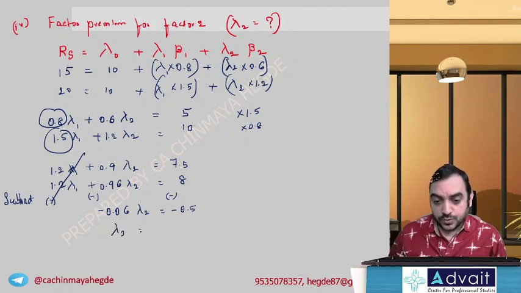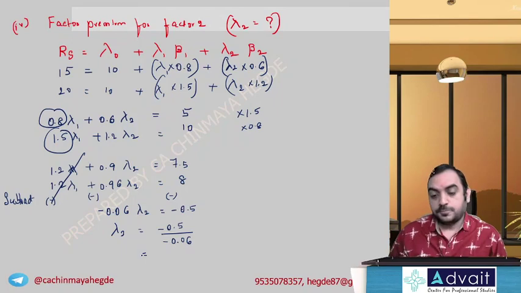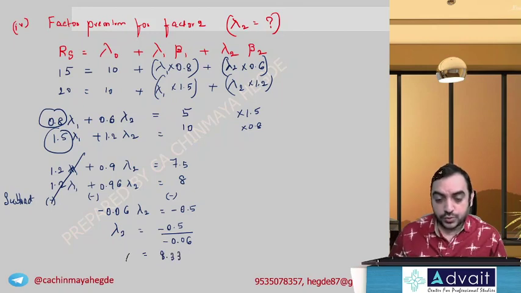So lambda 2 is minus 0.5 divided by minus 0.06, and you get 8.33. So the factor premium for factor 2 is 8.33.